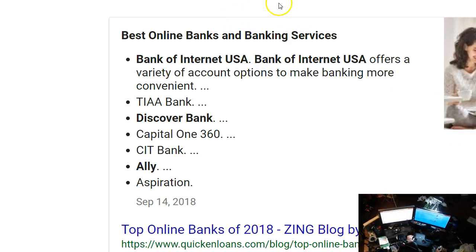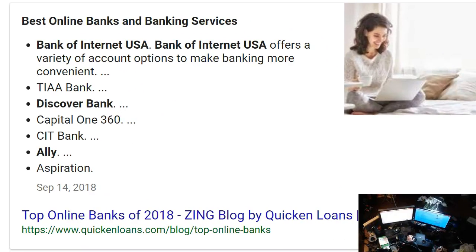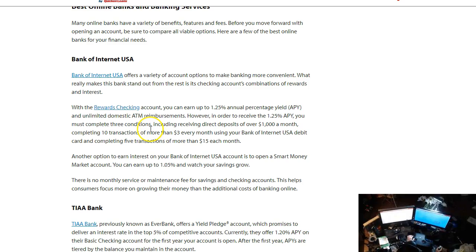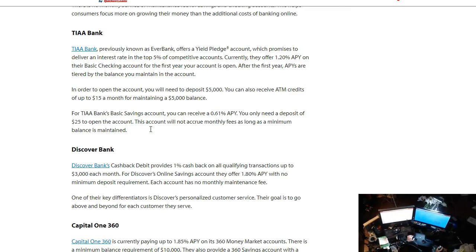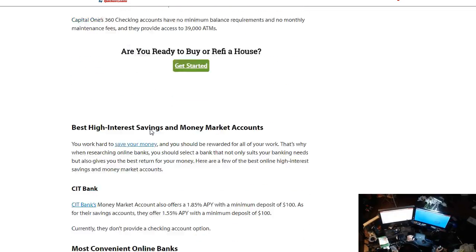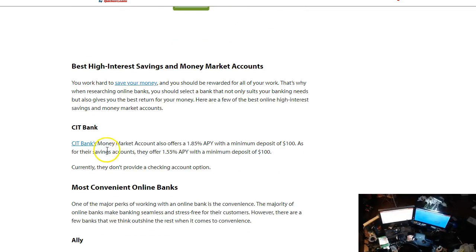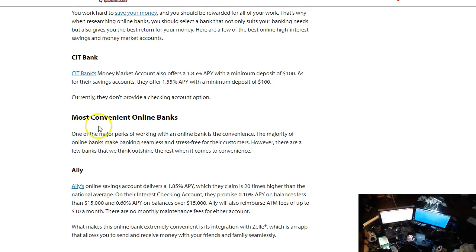And just for context, let's look up the top online banks of 2018. Ladies and gentlemen, the top online banks of 2018 are Bank of Internet USA, TIAA Bank, Discover Bank, Capital One 360, CIT Bank. Most convenient online banks.